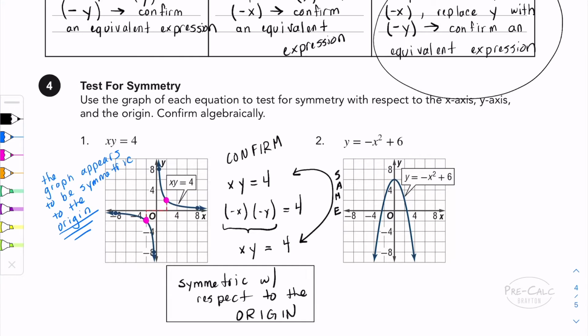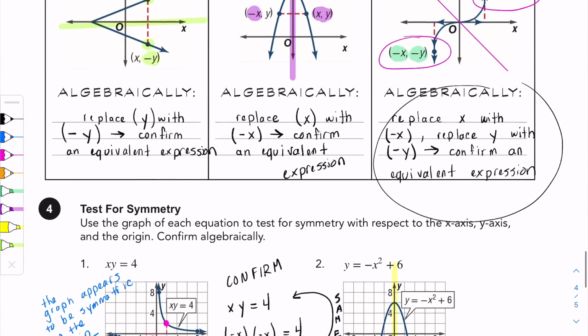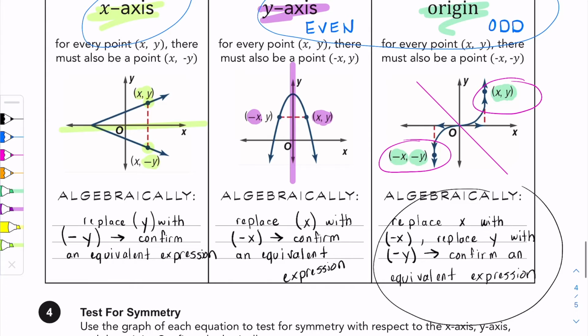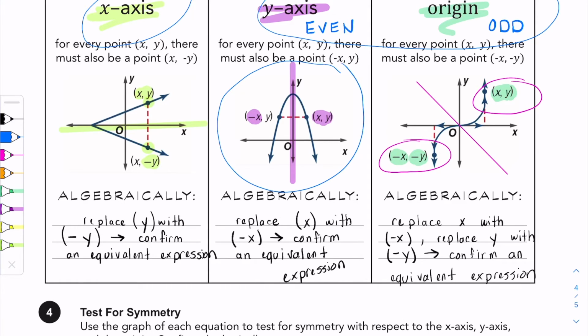Number two, right away, to me, looks like it's symmetric across the line x equals 0, or I should say the y-axis. It looks like if I folded my paper in half on that yellow line, my graph would overlap. So scrolling up to look at my options, it looks like it's reflecting across the y-axis. That would be this one here.